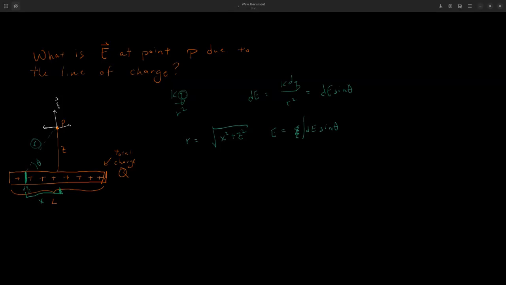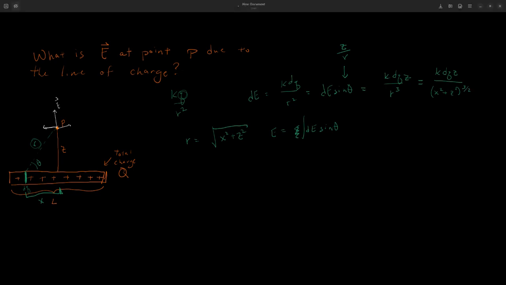And now know that sine of theta in this case will be equal to z divided by r. So now I can replace and get that this is equal to k dq over r cubed times z. And I can replace r cubed with the r that we've already figured out. So it'll be k dq z over x squared plus z squared to the 3/2 power.